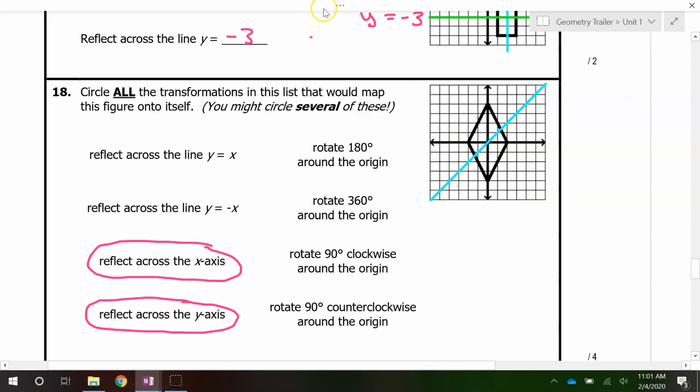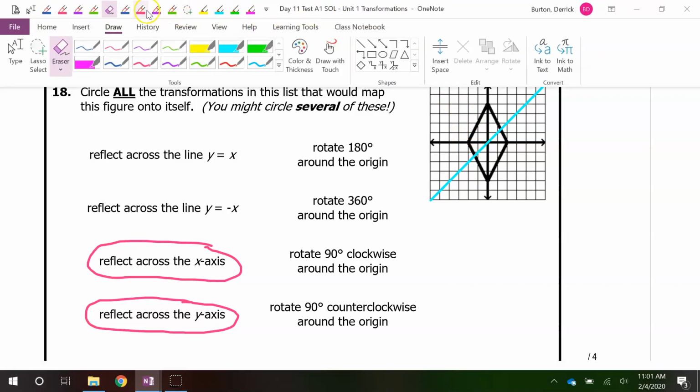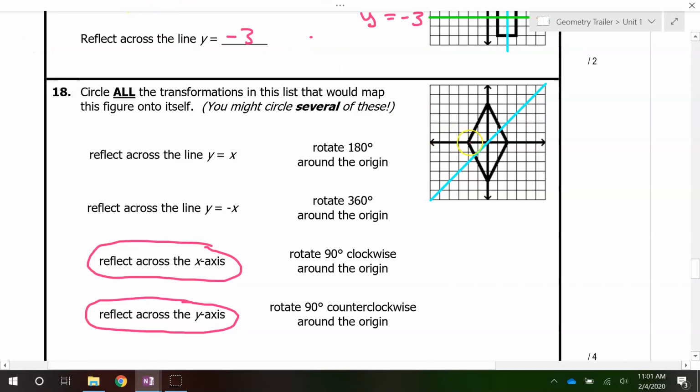For example, look at this point right here. See how this point is one diagonal square away from the line? If I go one diagonal square to the other side, it would be right there, not way down here. So these sides are not mirror images of each other.